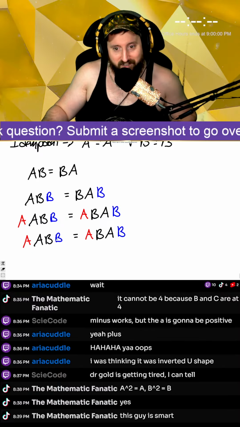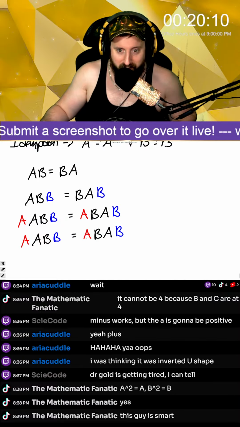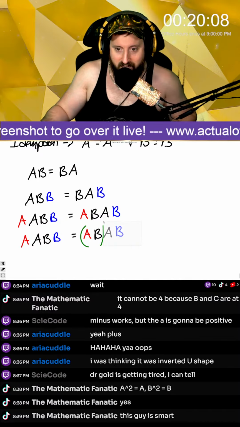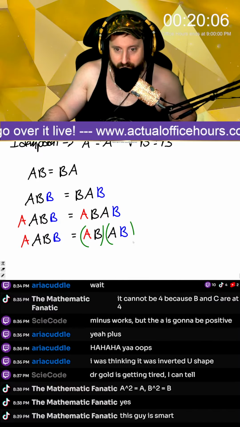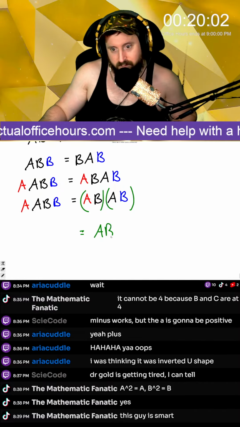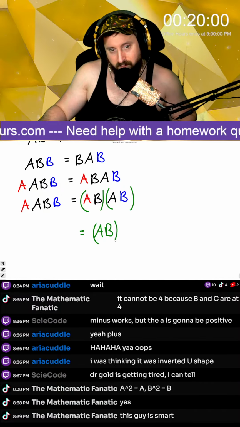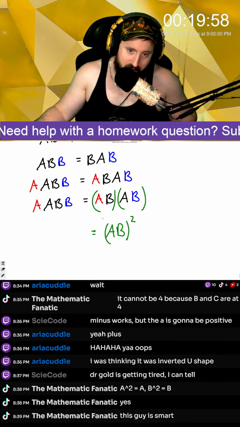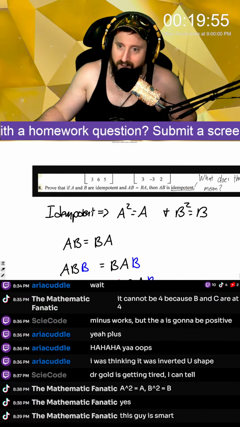This is just always a typical thing in matrix things. This is the same thing as AB times AB, which is equal to AB squared. And then I just have to show that this is somehow AB.